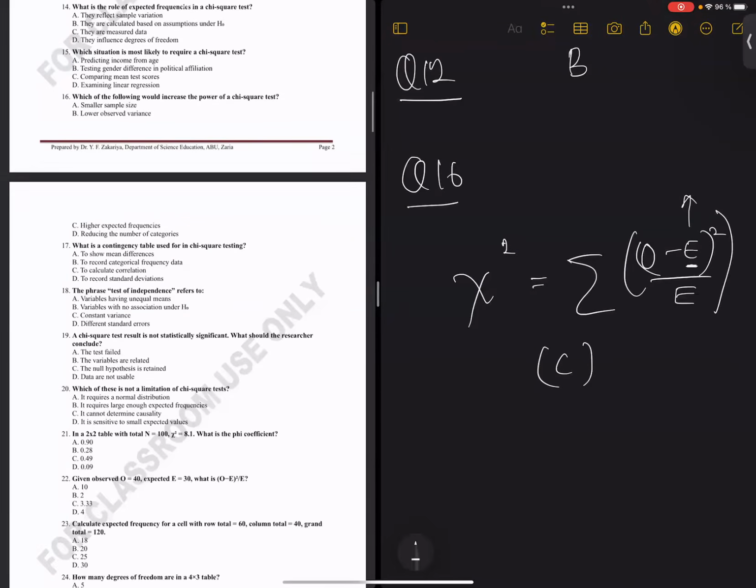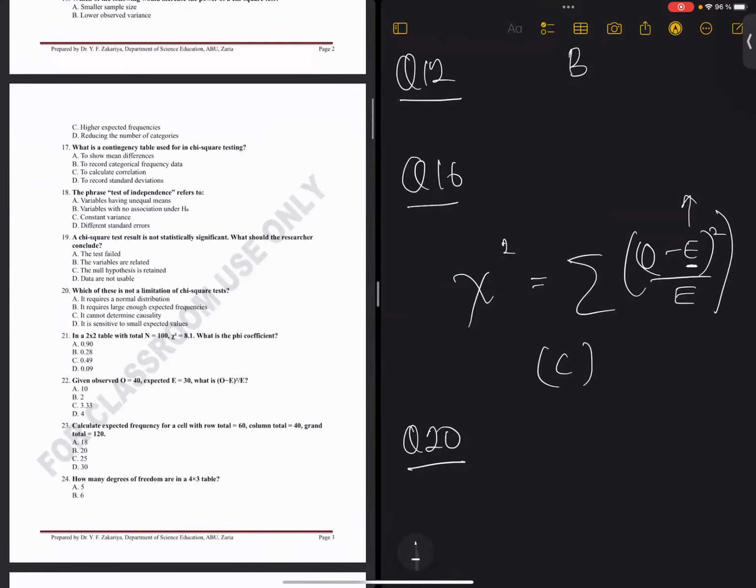Now we go to the next problem. That is question 20. It says, which of these is not a limitation of the chi-square test?